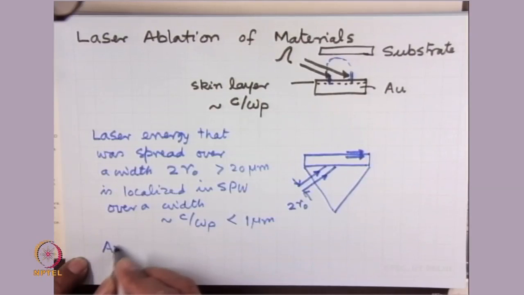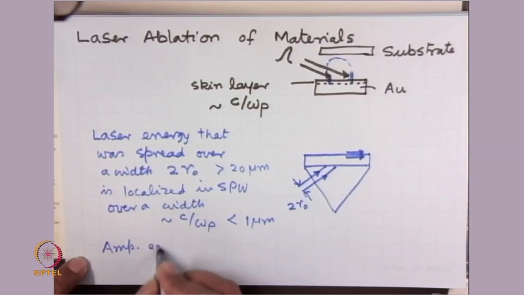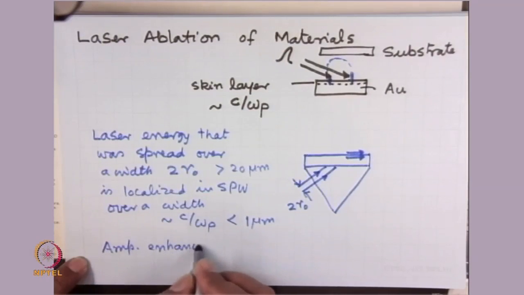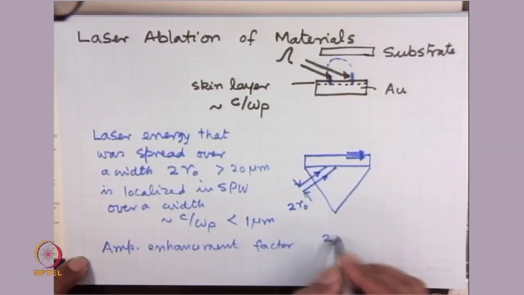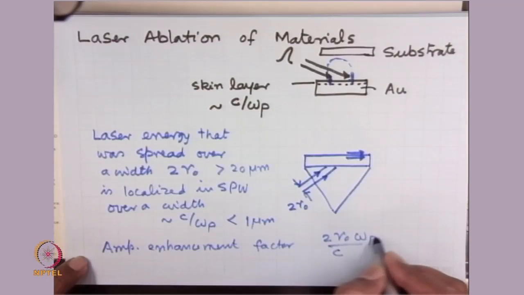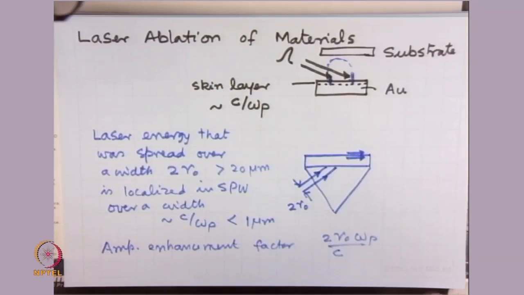So there is an amplitude enhancement of this order, divide by this. So the amplitude enhancement factor is 2R0 divided by c upon omega p, and this could be like 50, 100 or whatever.